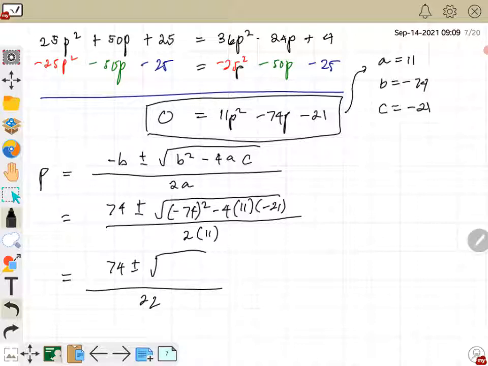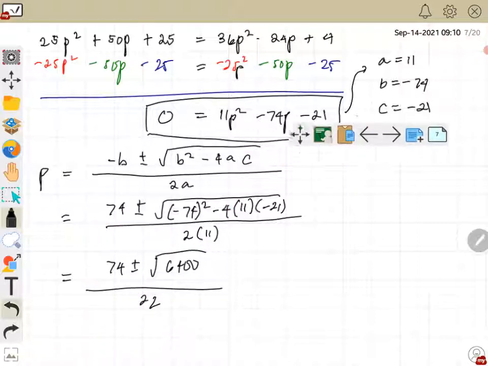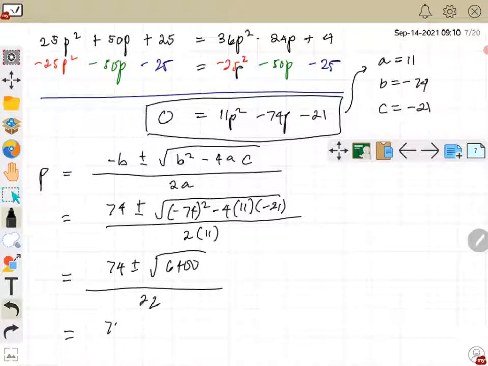Inside the radical we get 6,400 after simplifying. What is the square root of 6,400? That's 80.